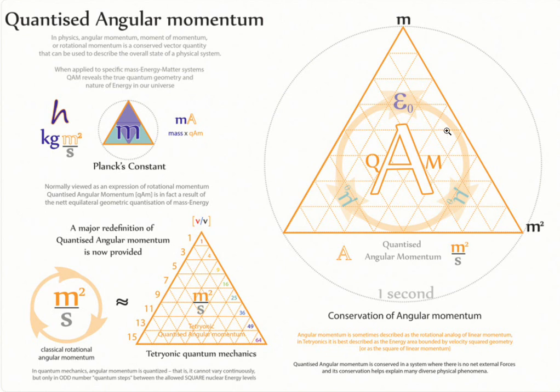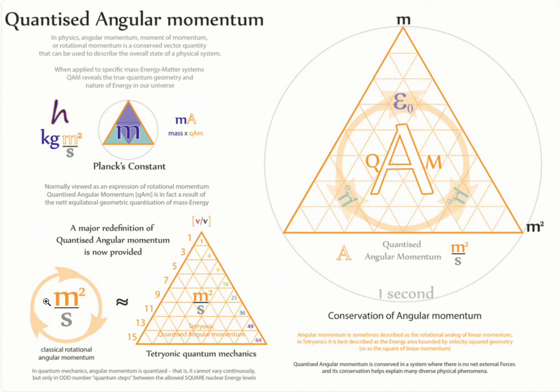Again, important to note that while we can represent this angular momentum as a vector rotation, Tetryonics calls it quantized angular momentum to highlight the fact that it forms part of Planck's constant of quantization and that it's the equilateral geometry.